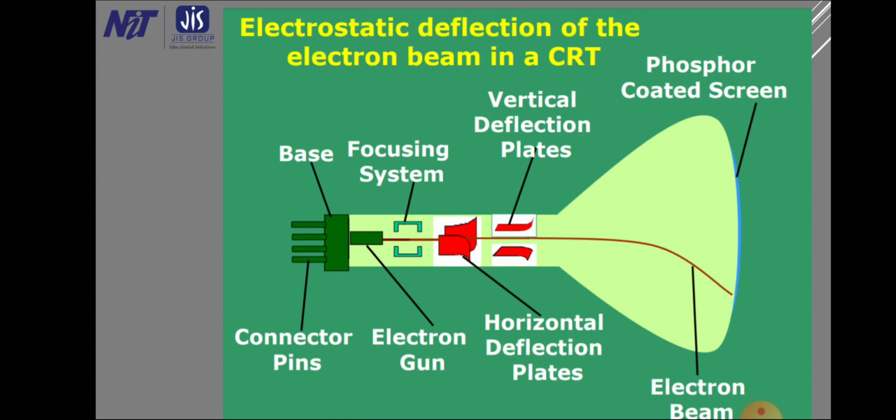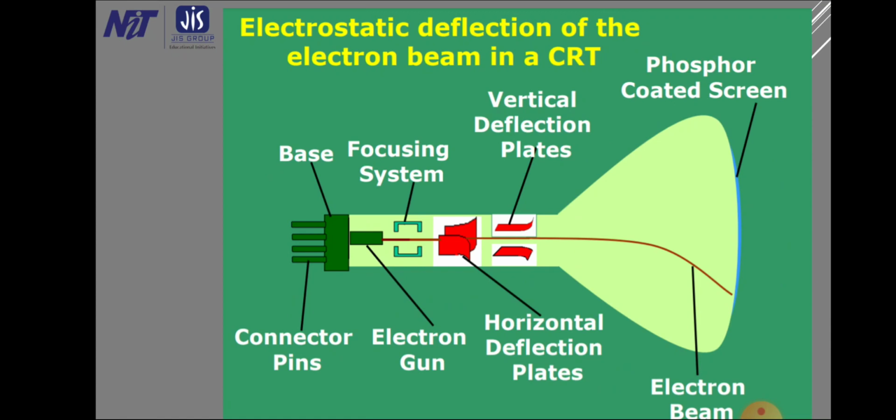We move on to the next picture, which shows that the deflection is done with the help of electrostatic fields. The previous one was an electromagnetic field. In this case, it is electrostatic fields generated by capacitance. We are talking of electrostatic deflection of the electron beam in a CRT, and we have the same base electron gun focusing system, and then the beam comes out straight, and there are two plates.